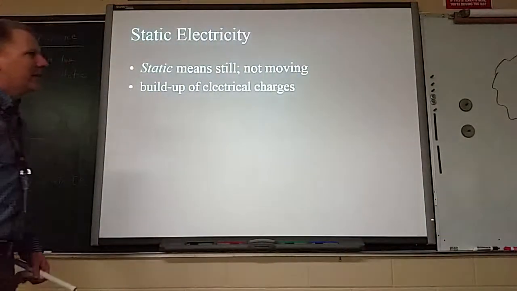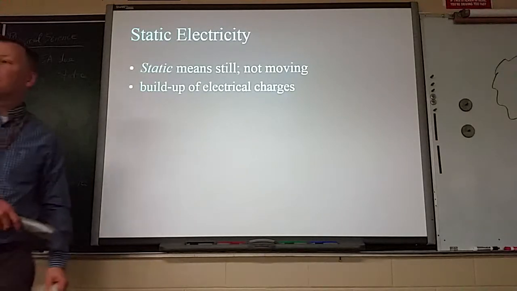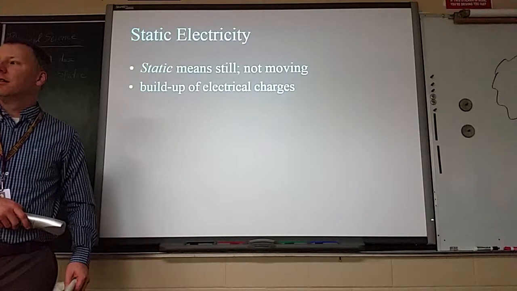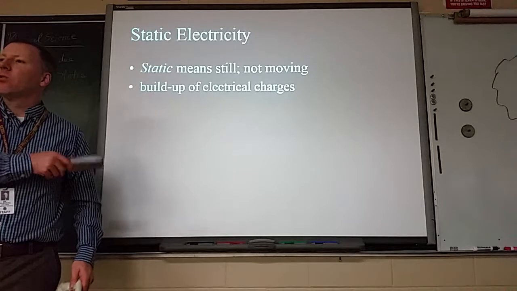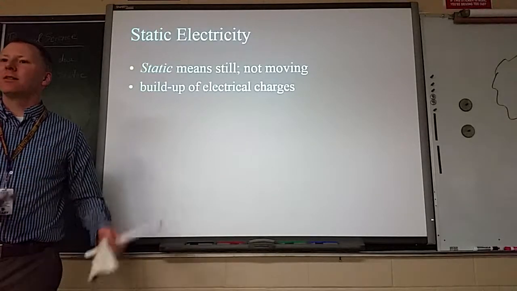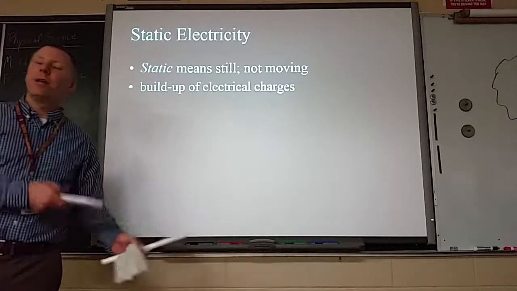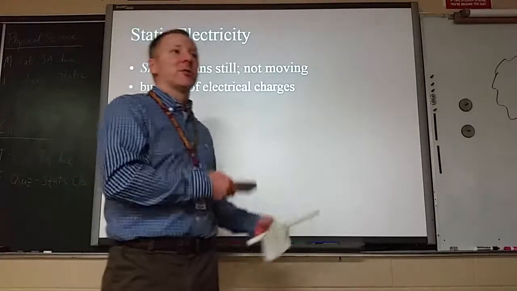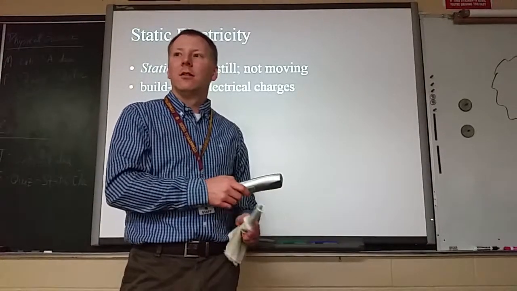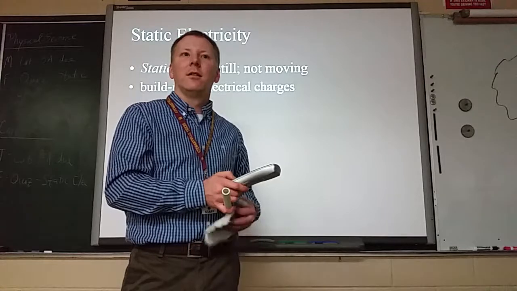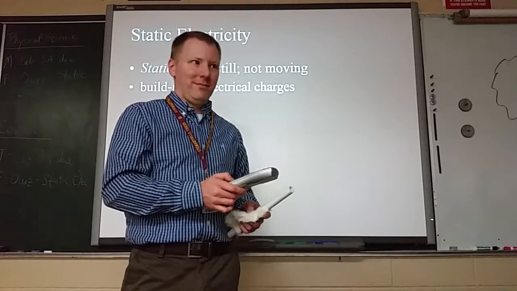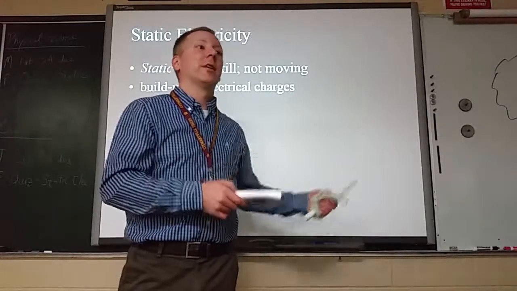If we put more electrons on something, we disturb that balance. What overall charge, positive or negative, would be on a material that we add extra electrons to? Must be negative. We're adding more negative things.